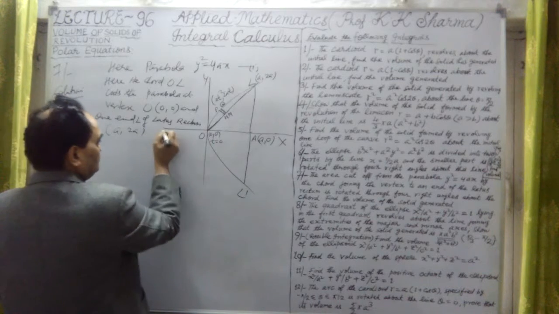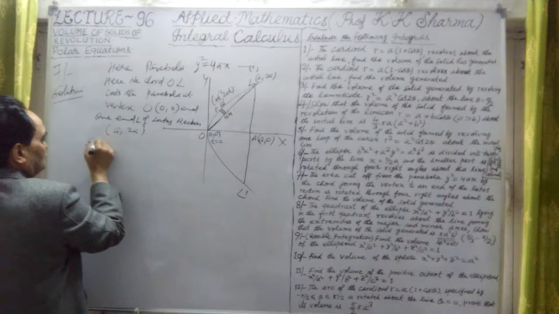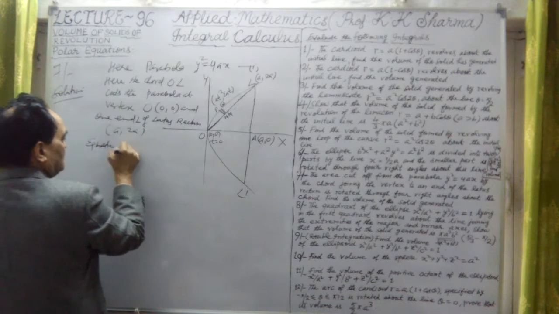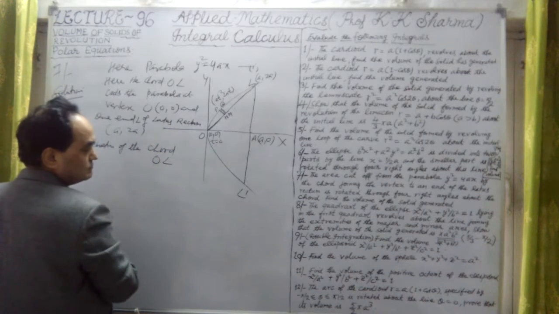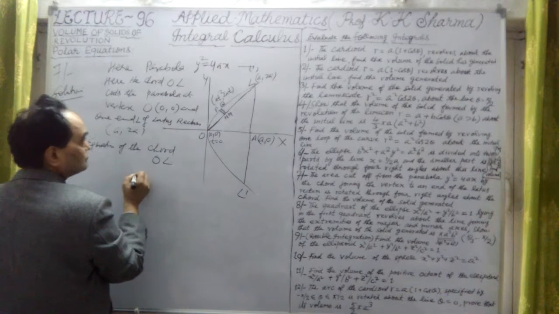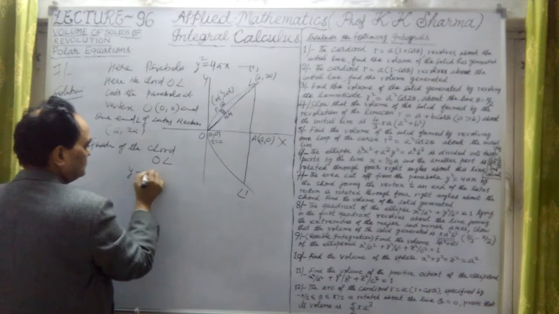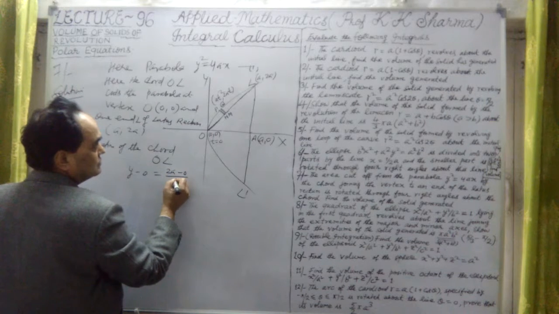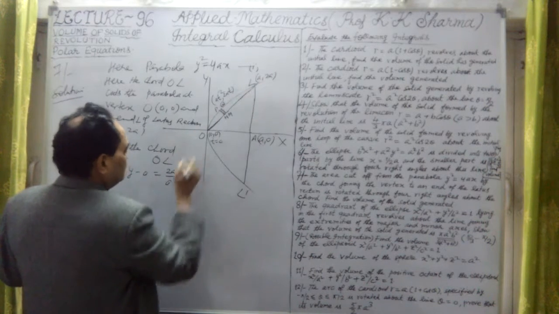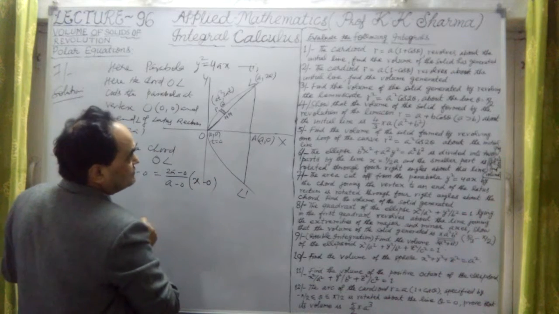So we have to find out what is the equation of this chord. So the equation of the chord OL is given by y minus y1 equal to y2 minus y1 upon x2 minus x1 into x minus x1, that means y minus 0 equal to 2a minus 0 upon a minus 0 into x minus 0.